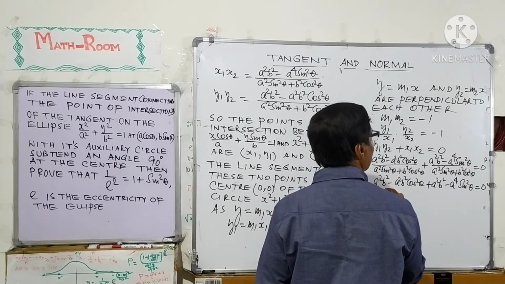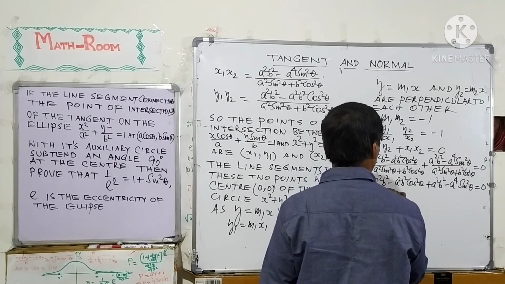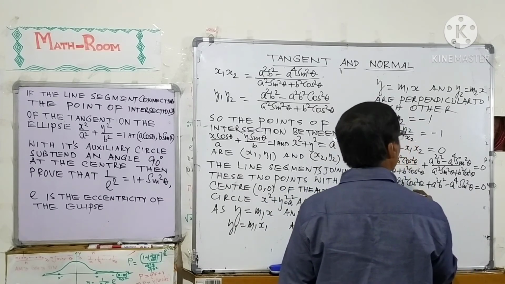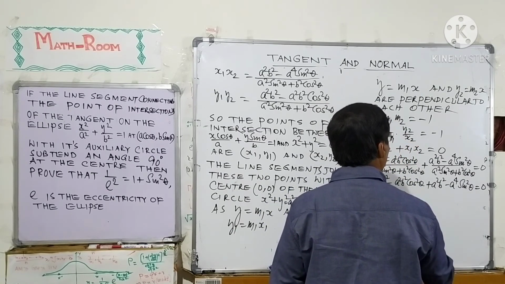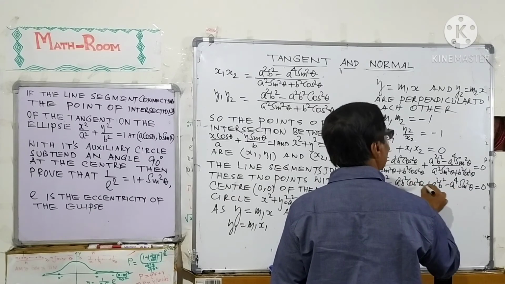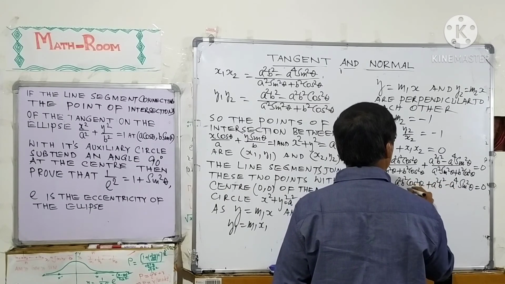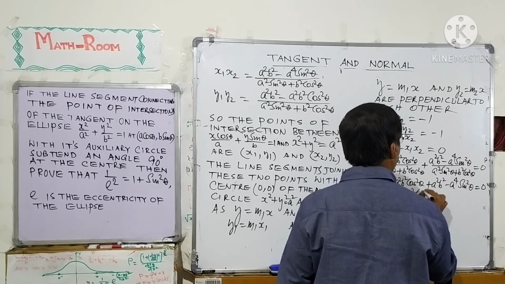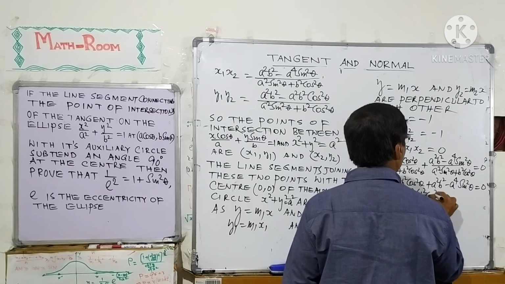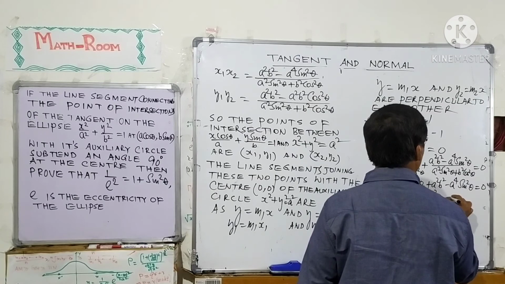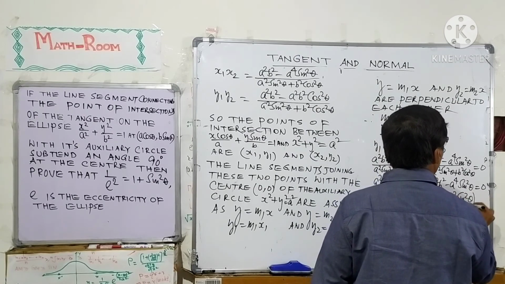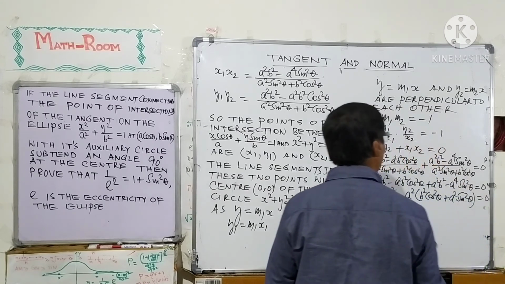So, 2a square b square minus a square into b square cos square theta plus a square sin square theta equal to 0.